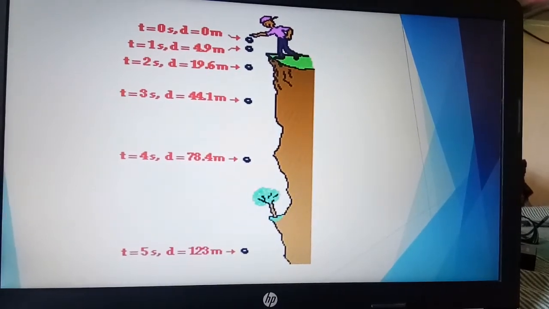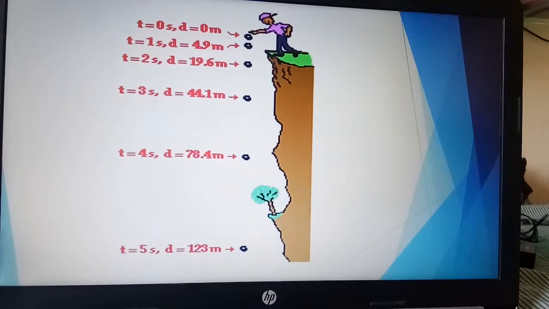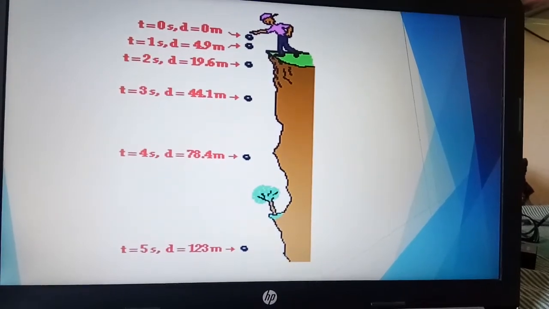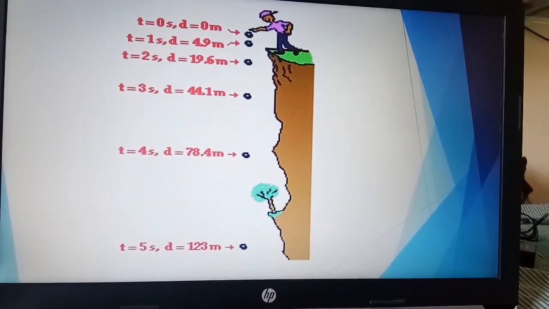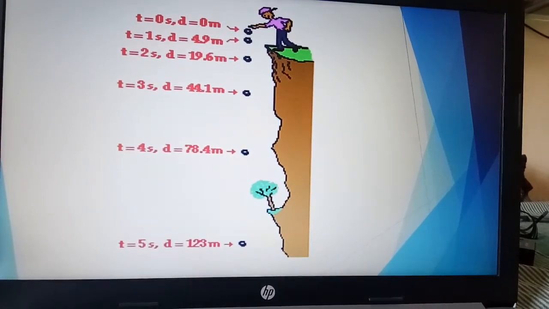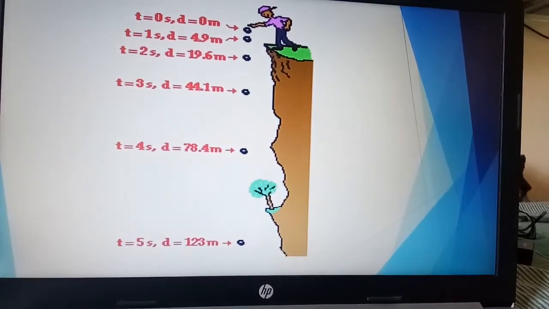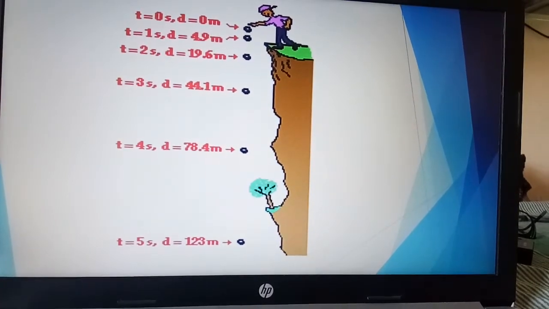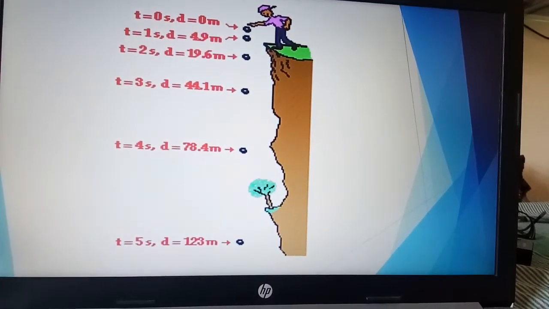If you calculate these successive distances covered in successive intervals of time, it is increasing in a fixed ratio. I repeat, successive distances covered in successive intervals of time are increasing in a fixed ratio.